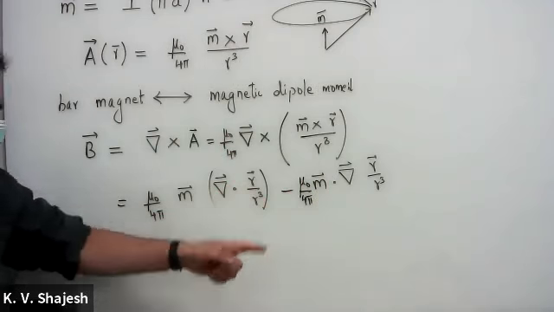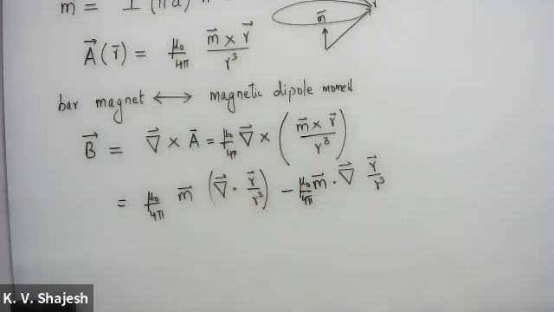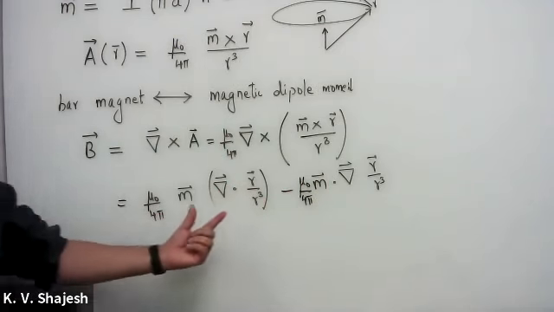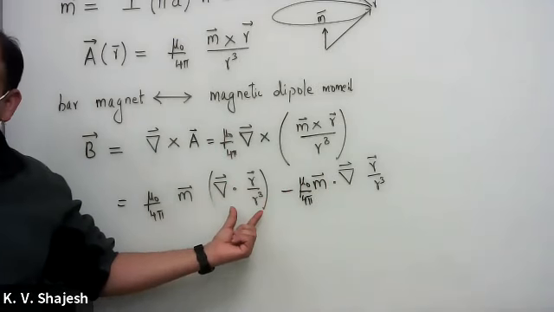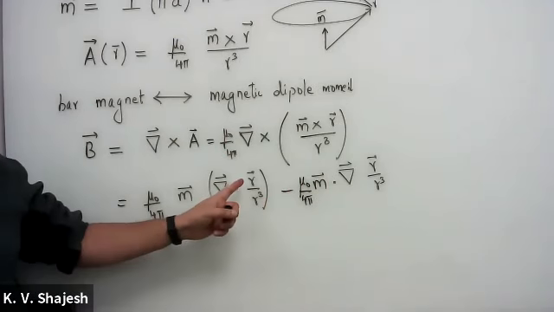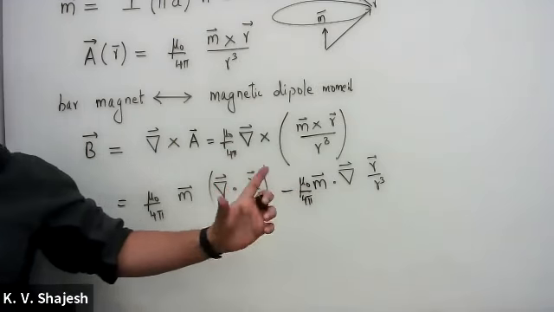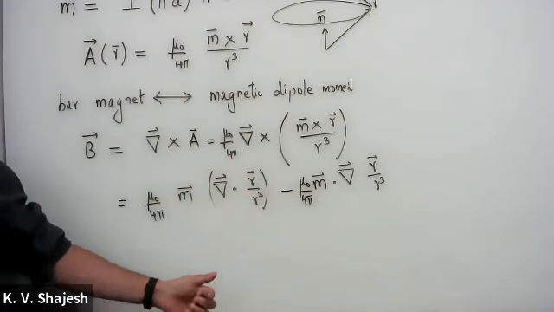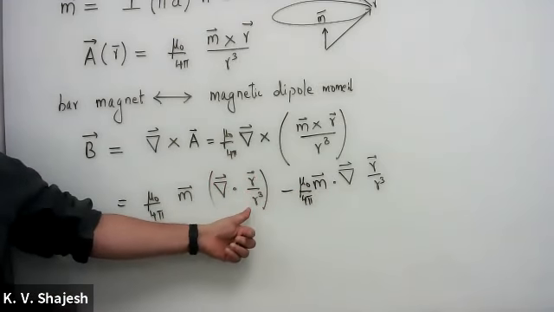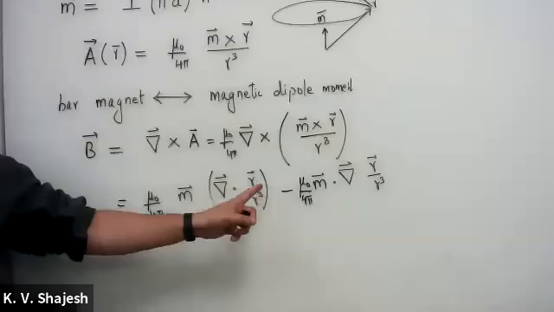So what is the divergence of R over R cubed? What will this be equal to? Notice that whenever you see R over R cubed, what does it remind you of? Electric field. Electric field due to a point charge. Right?